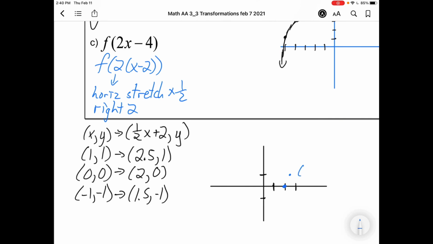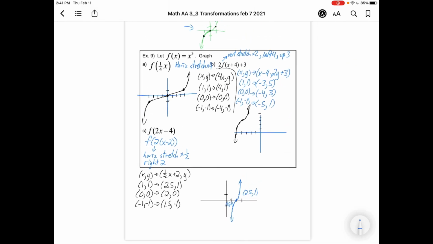This point right here, 2.5, 1, is going to be another key point. You can also just use tables of values. And 1.5, negative 1 is right here. Okay, another key point. So it does look like it's smushed in horizontally. And it also looks like it's moved to the right too.